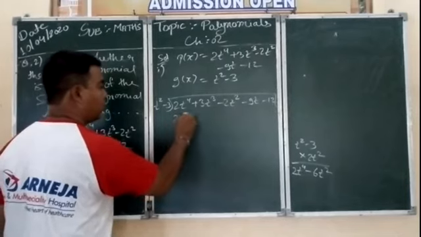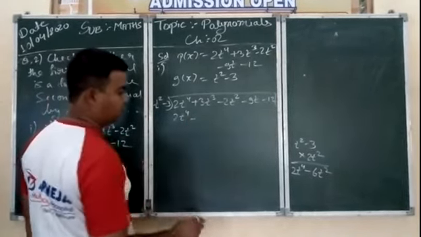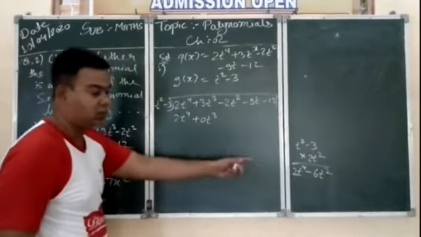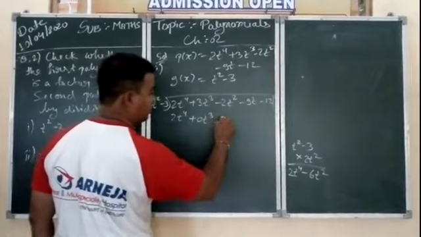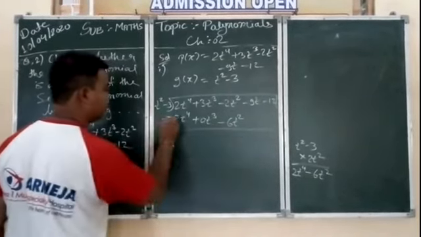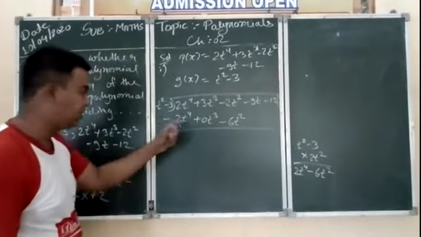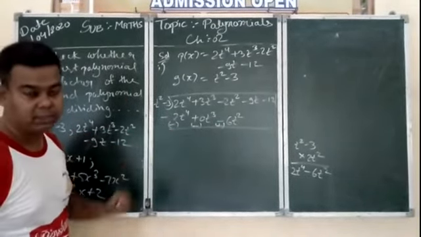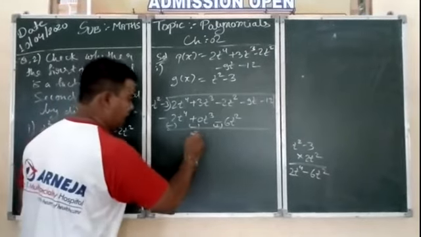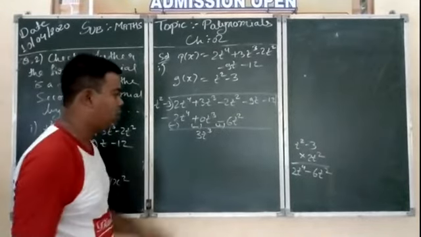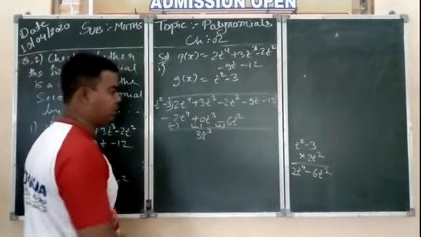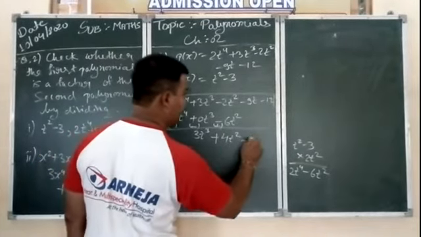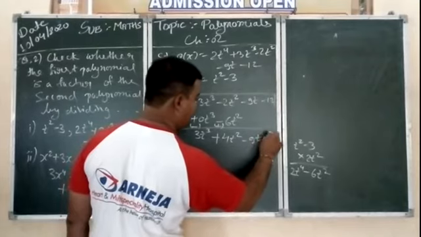We get 2t raised to power 4 minus 6t square, with plus 0t cube in between. The signs change. Now 3 minus 0 gives 3t cube, and minus 2 plus 6 gives plus 4t square, then minus 9t and minus 12.